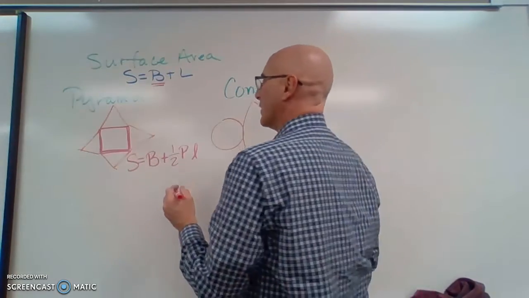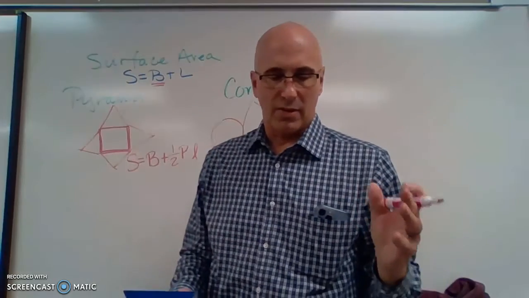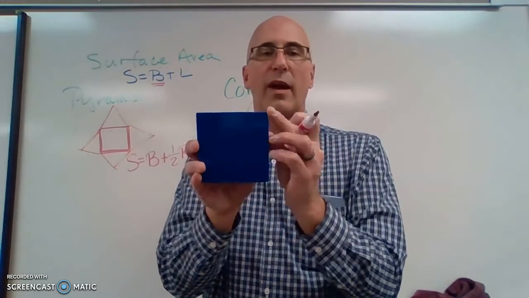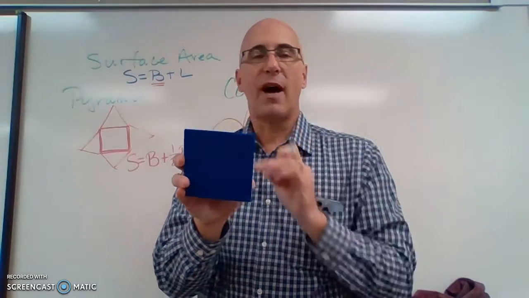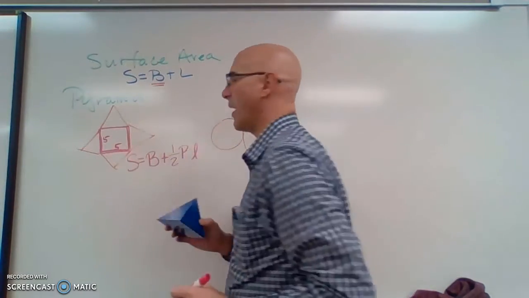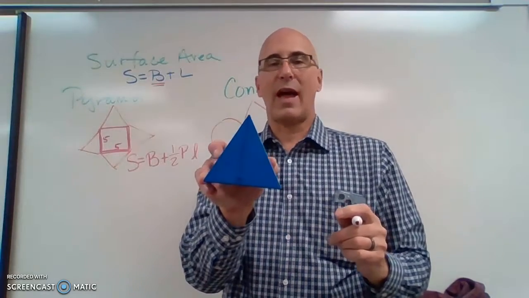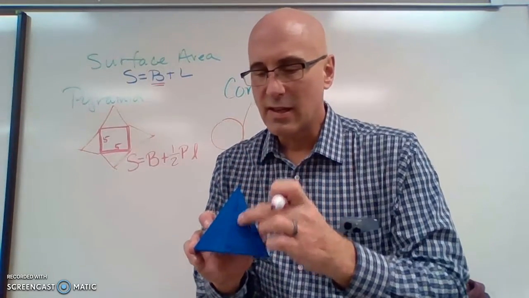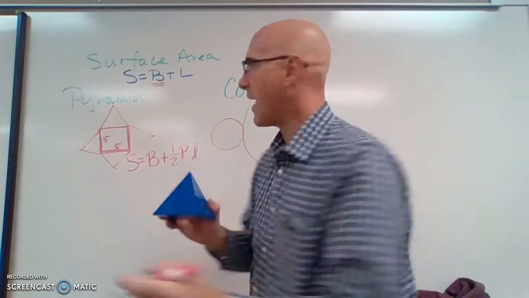So, let's look at an example. Say in this pyramid, we had a 5 by 5 square. Our slant height here, let's say that is 8.